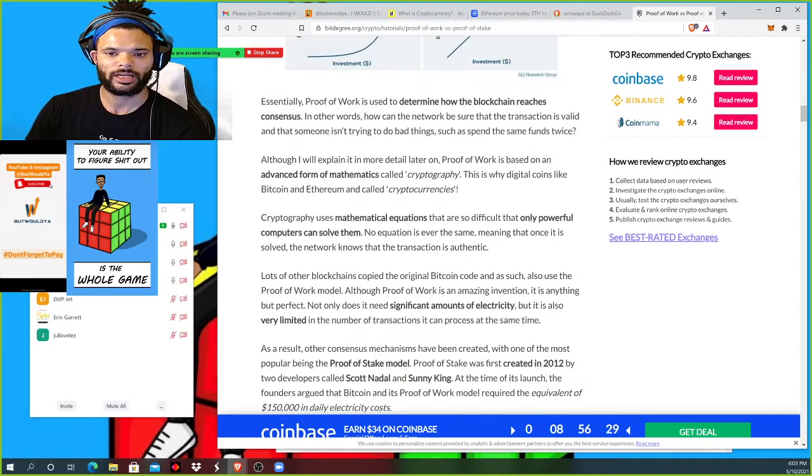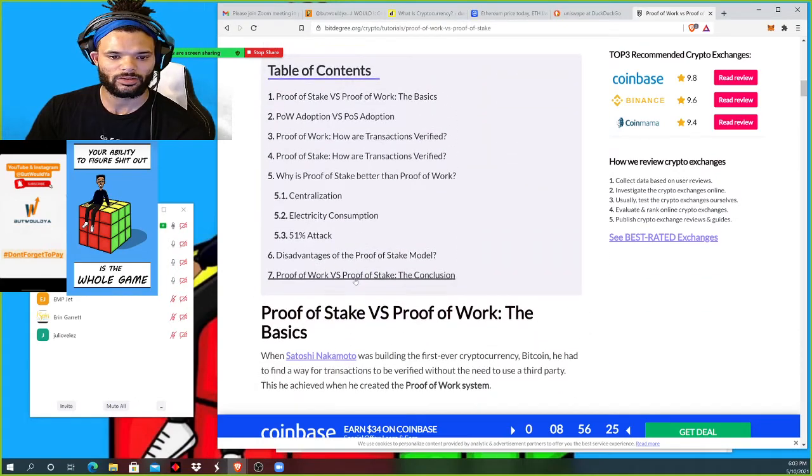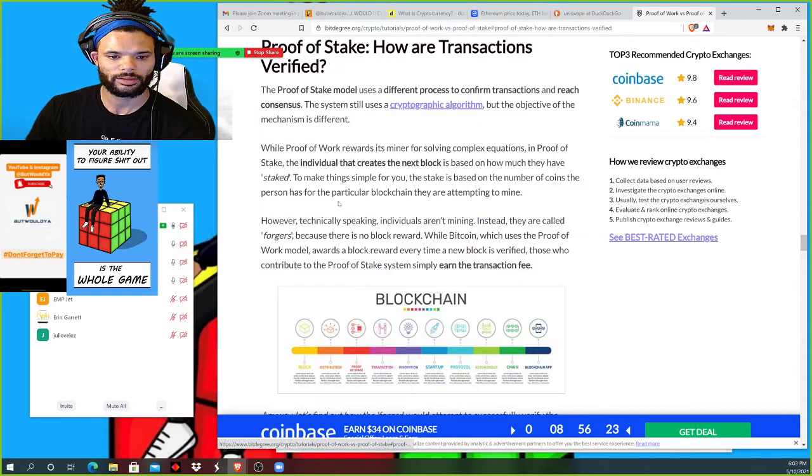I'm trying to find more about proof of stake just because I don't want to misspeak here. Okay, here we go. The proof of stake model uses a different process to confirm transactions and reach consensus. The system still uses cryptographic algorithms, but the objective of the mechanism is different.